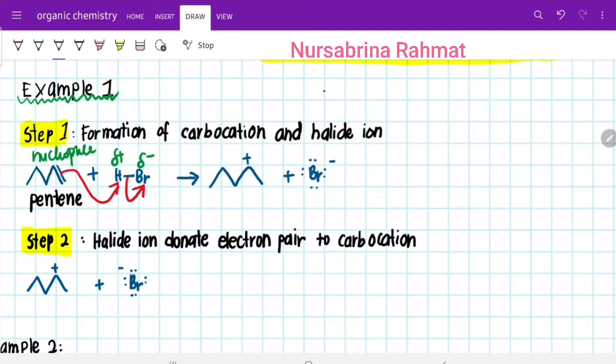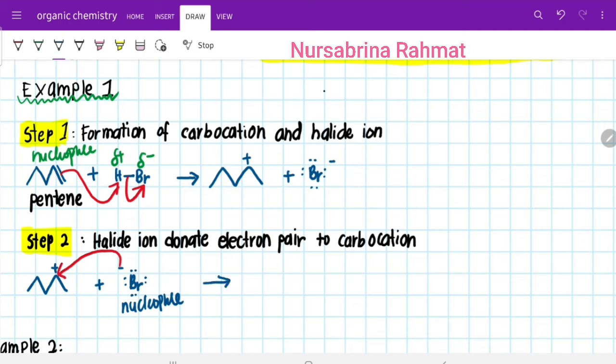In the second step, my bromide ion, which is now my nucleophile, will attack the positively charged carbocation ion to form a bond. An arrow should start from the negative charge and attack the positive carbon center.